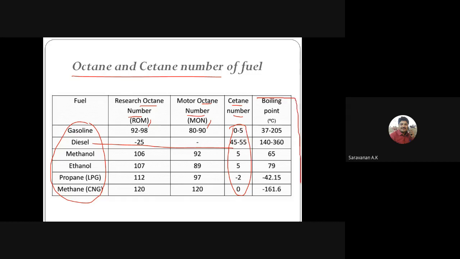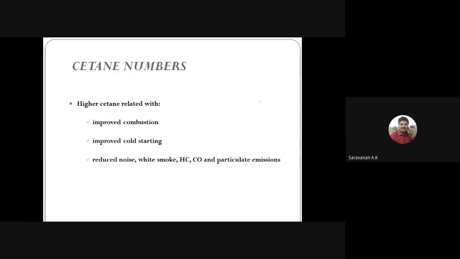Then the boiling point of the fuels, then the cetane number, right? The cetane number is used to specify the ignition quality of diesel fuels, right?